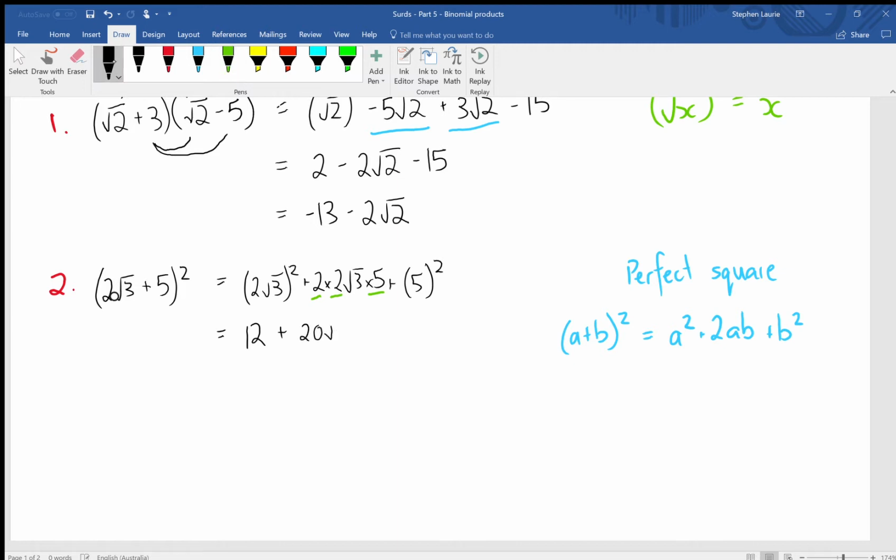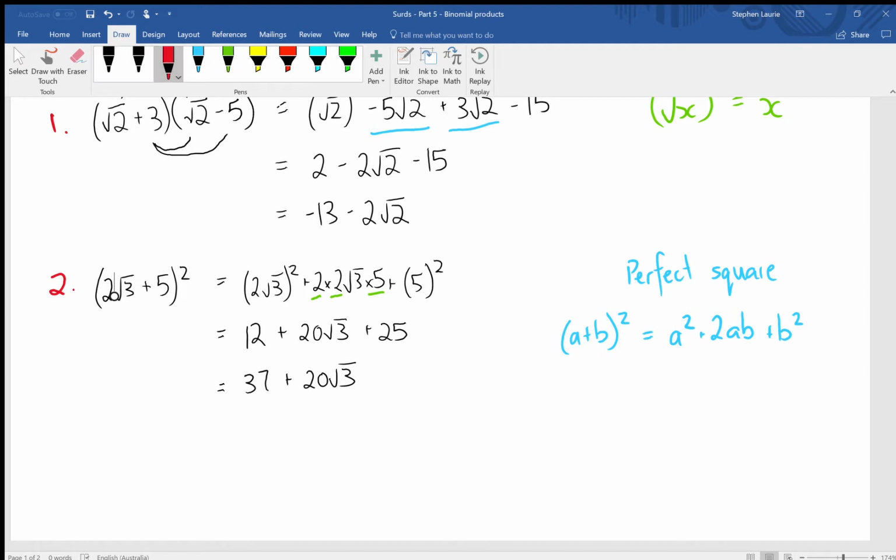And finally 5 squared, 25. Let's combine our numbers, 12 and 25, and we get 37 plus 20 root 3. And there's our answer.